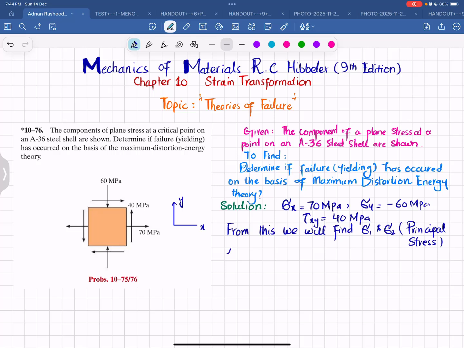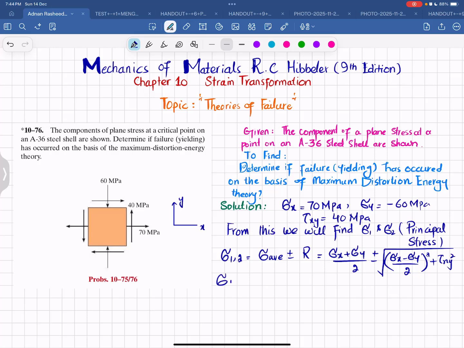For finding these principal stresses, we have this formula: sigma average plus minus R, where sigma average is sigma x plus sigma y divided by 2, plus minus R, and R is equal to the square root of sigma x minus sigma y divided by 2, whole squared, plus tau xy whole squared.